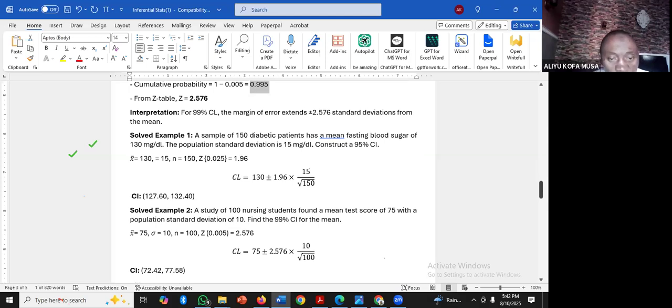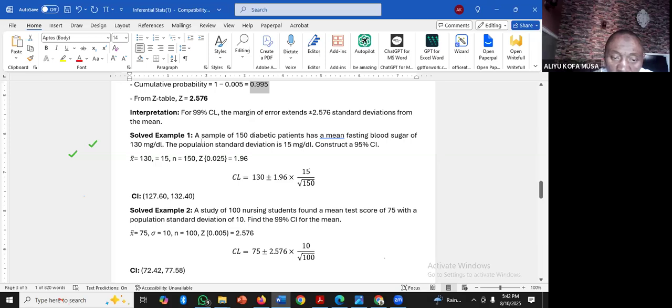So this is that. Here we have given a sample of 150 diabetic patients with a mean fasting blood sugar of 130 milligram per dL. The population standard deviation is 15.